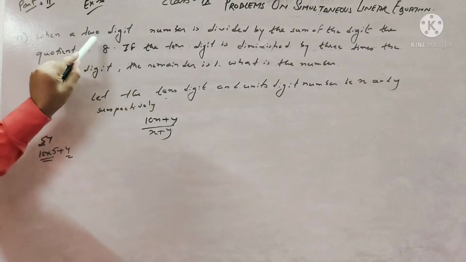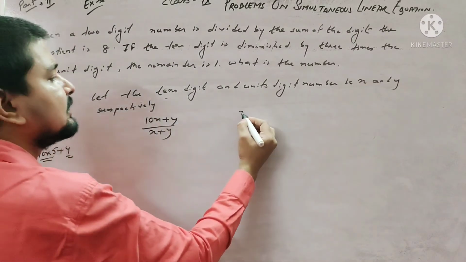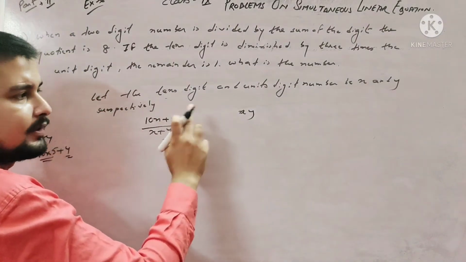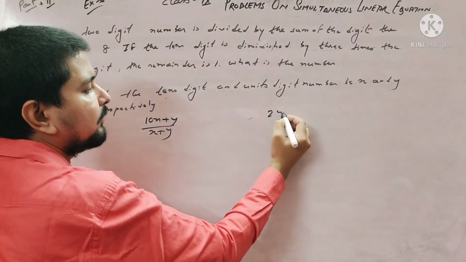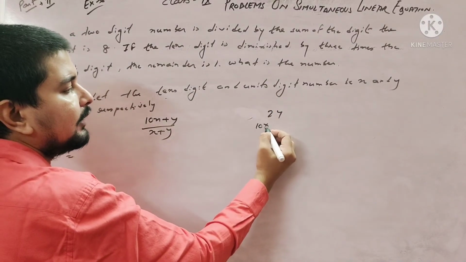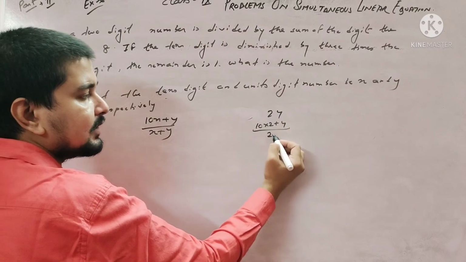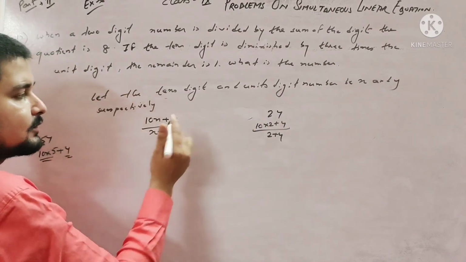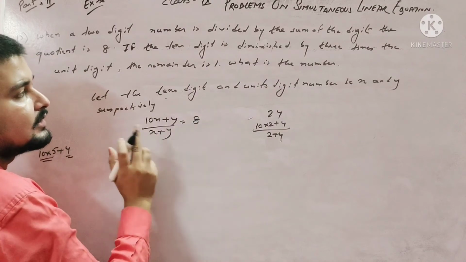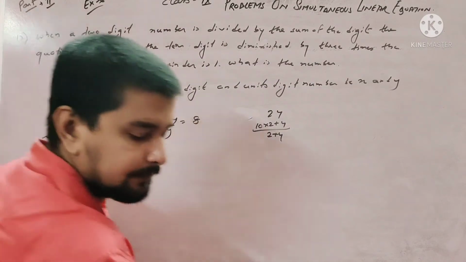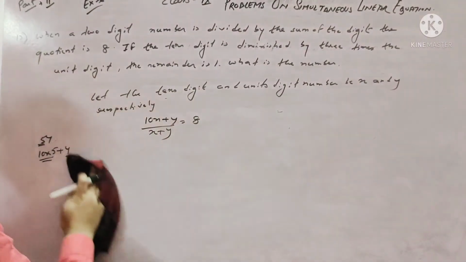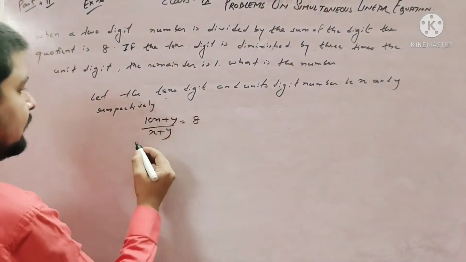Suppose the two-digit number is 24. We write it as 10 into 2 plus 4, divided by the sum of the digits, 2 plus 4, so x plus y. The quotient is 8.